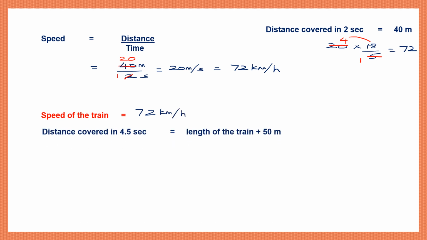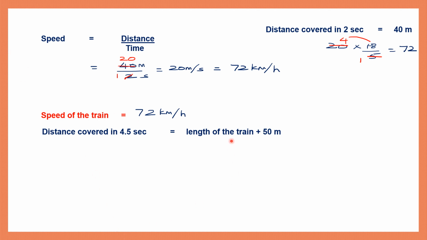Now, the distance covered in 4.5 seconds. The question says it crosses a platform in 4.5 seconds. That means if you have to find the distance covered, it will be the length of the train plus 50 meters. And we found all this. If you work it out this way also, you will get the same answer, 72 kilometers per hour, for the speed of the train.